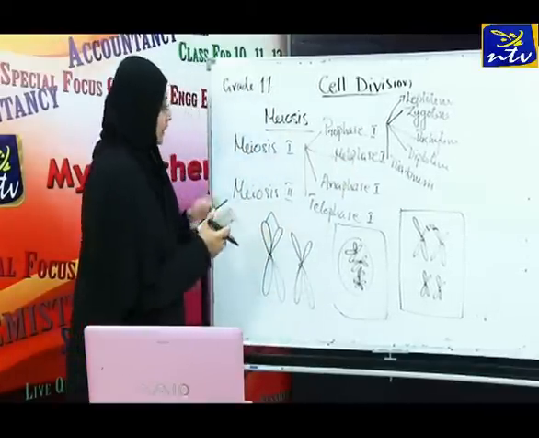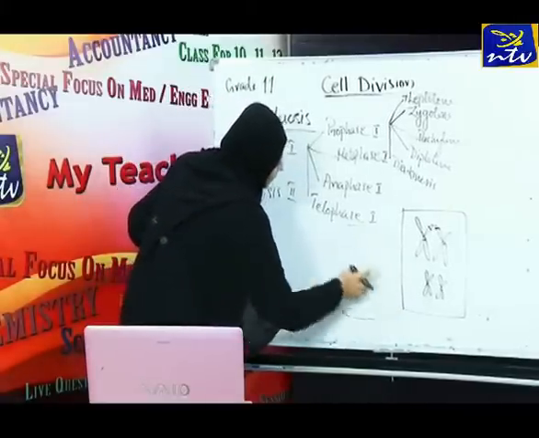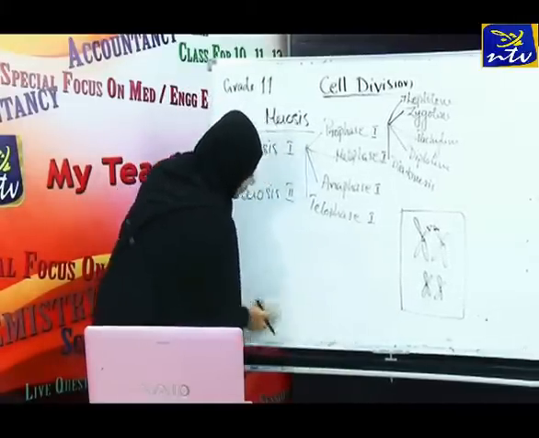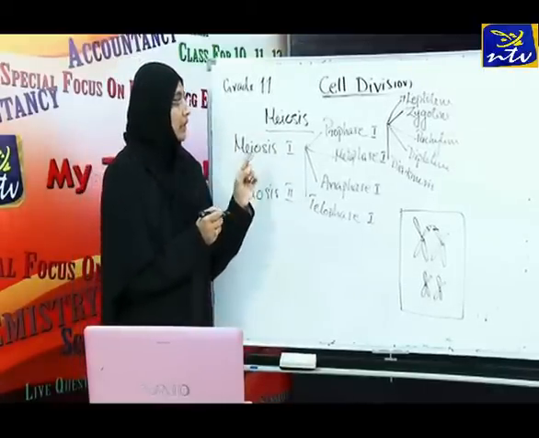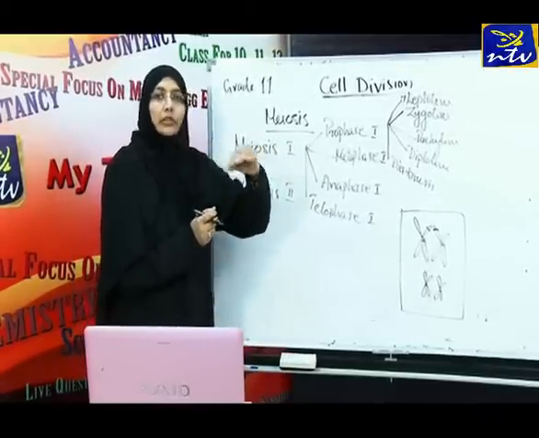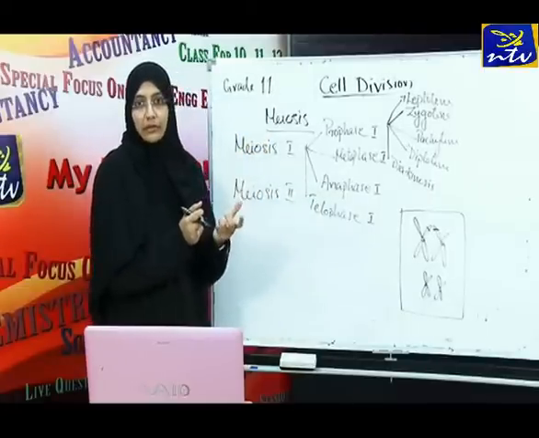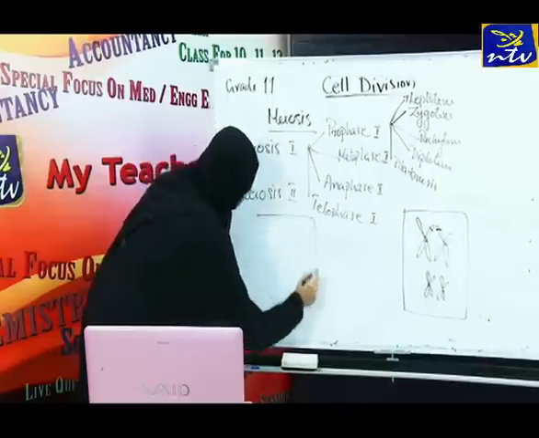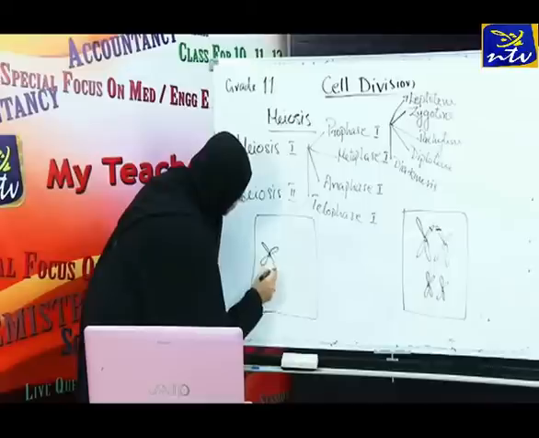Let's see what is the difference between this metaphase 1 of meiotic cell division and metaphase of mitosis. Even in mitosis, as you have studied, chromosomes are arranged in the equatorial plane, the centriole breaks, and spindle formation takes place. But here also the same thing, but we can see that homologous chromosomes are arranged.